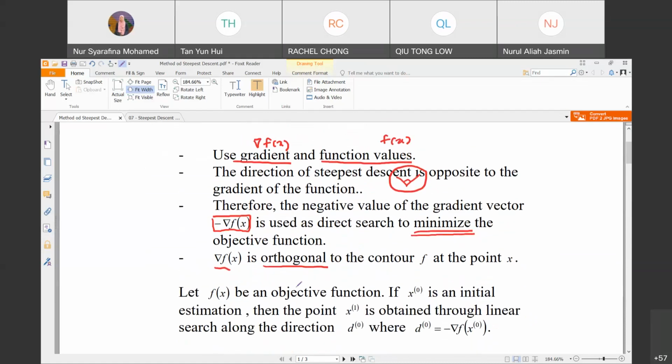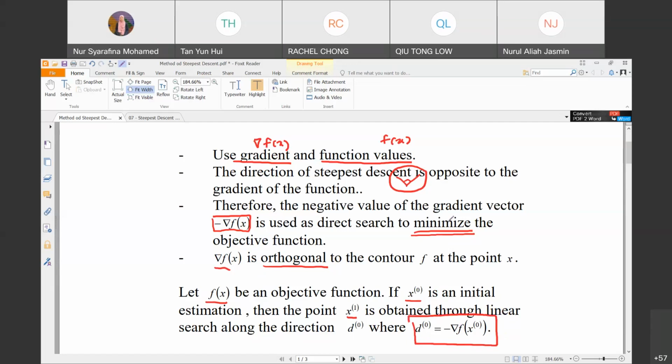Now, let f(x) be an objective function. You want to minimize this f(x). If x0 is an initial estimation, then the point x1 is obtained through a linear search along the direction d0. Why?